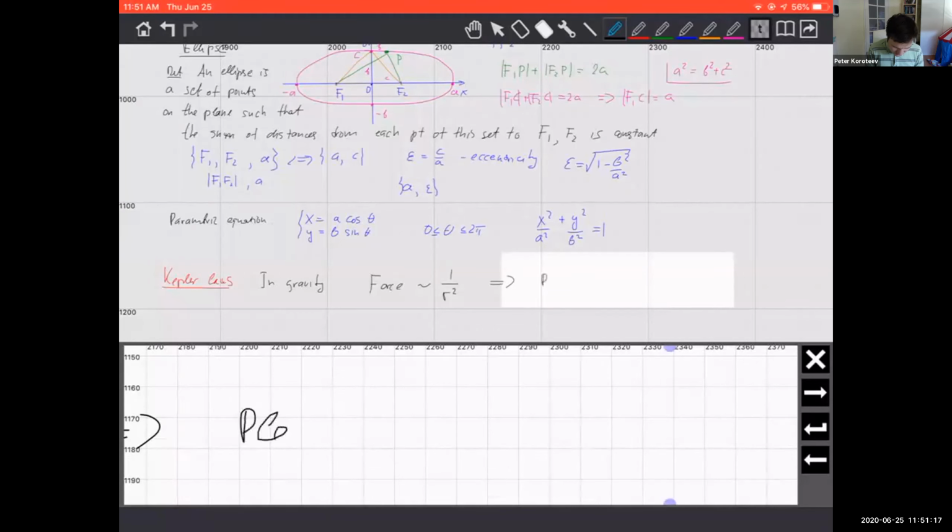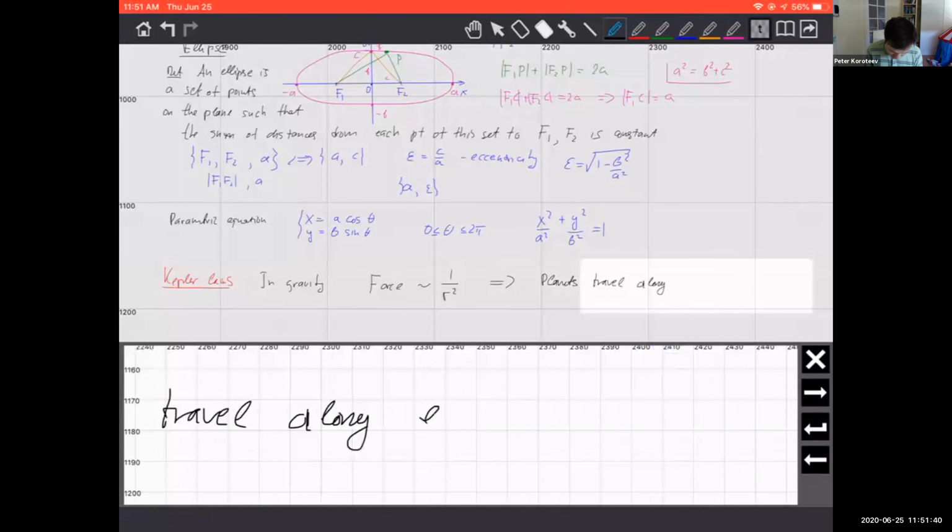planets, assuming that they are not moving too fast, travel along ellipses, right?